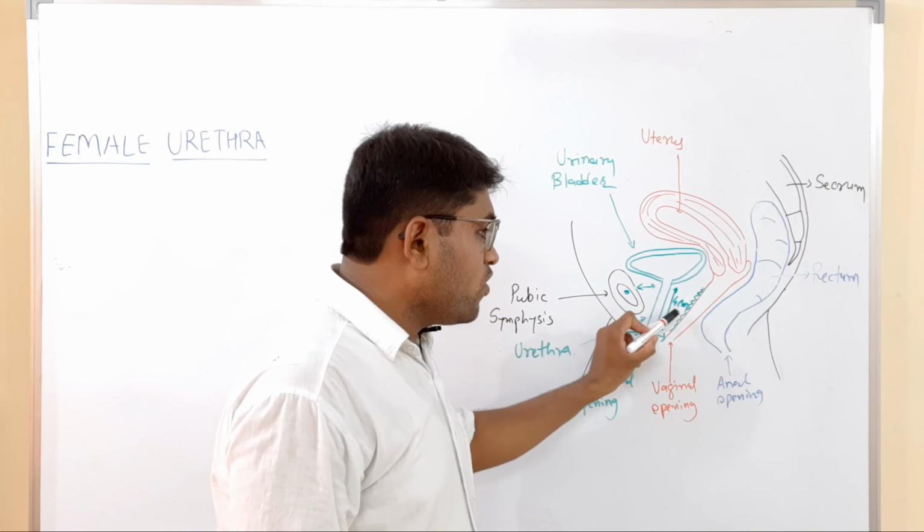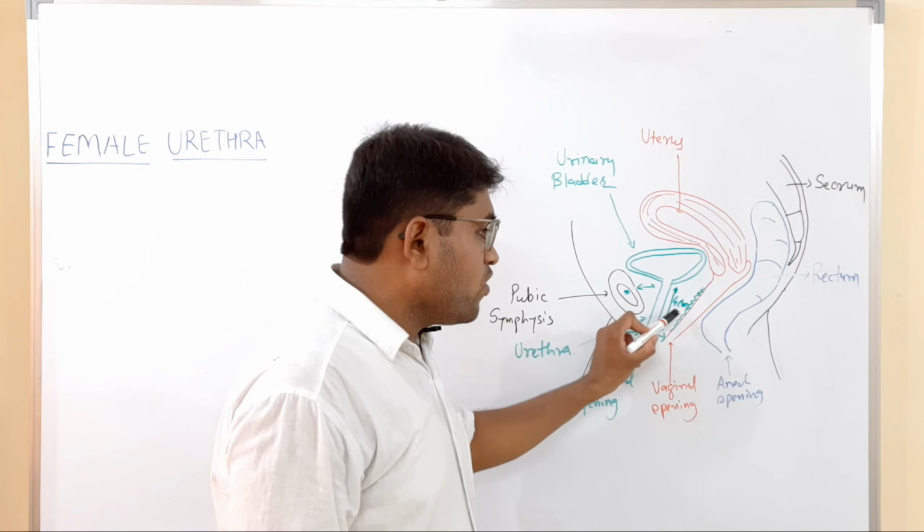Then it crosses the perineal membrane and finally opens as the external urethral orifice. This external urethral orifice is anterior to the vaginal opening and posterior to the glans clitoris.